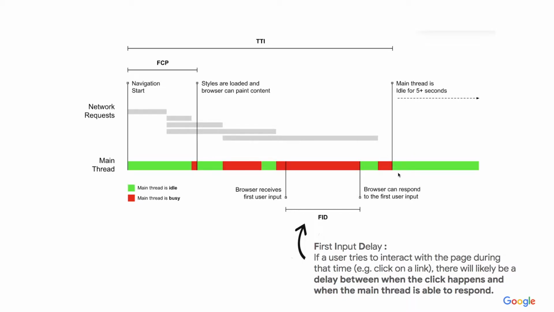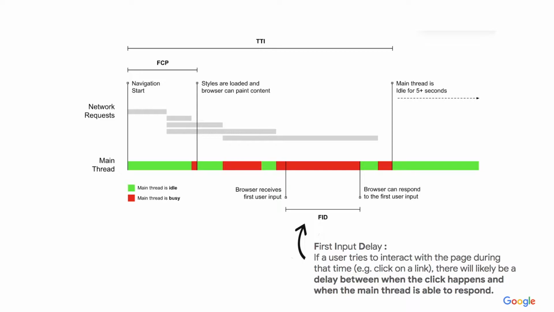Another way to measure that is to use the first input delay. It's something that you can check in the Chrome UX report that I will talk about later. Basically, the first input delay measures the delay between when the user interacts with your website and when the website responds.